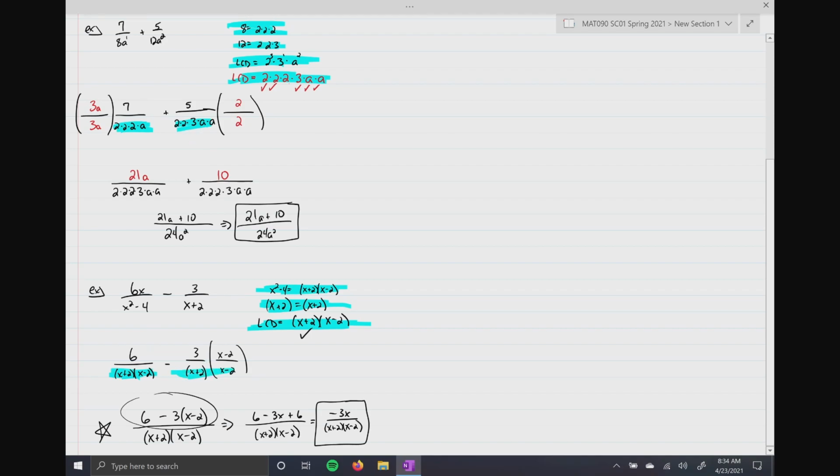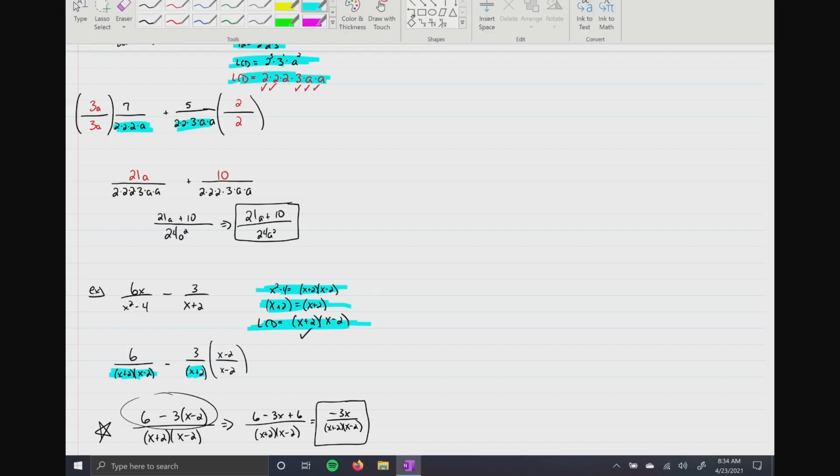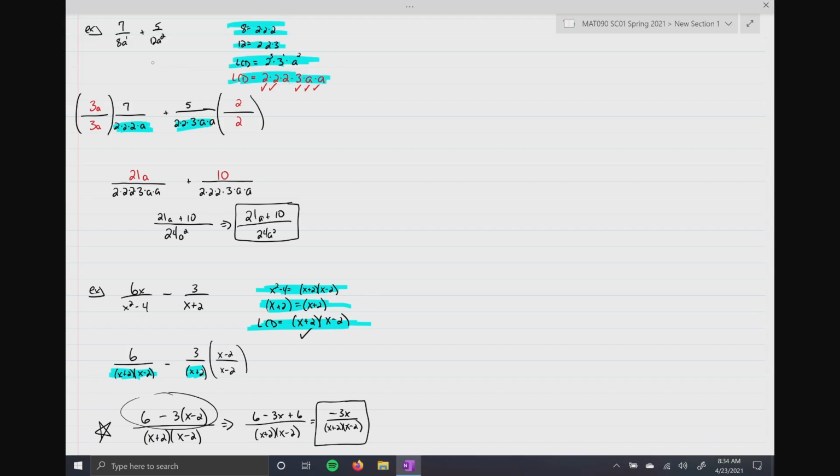Then I compared what my denominators were to the LCD, and I filled in the missing blanks. If you could see that, you're going to be really, really good for this section. So before I move on, are there any questions?